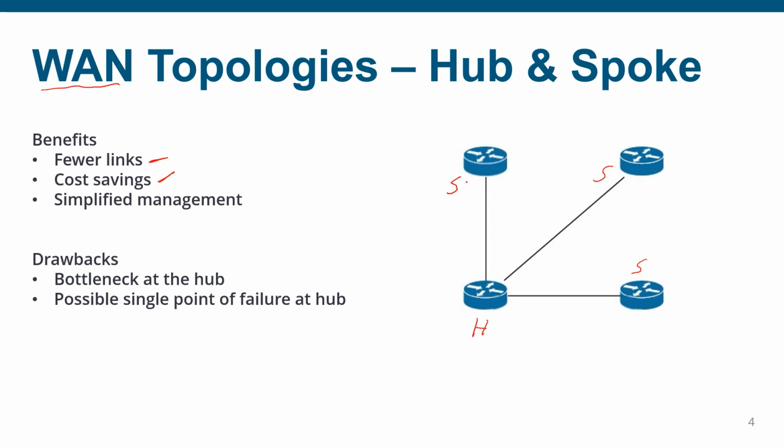Remember that these links here between our hub and our spoke, this is actually a WAN link. This might be several kilometers, several miles, or it could even just be a few hundred feet down the road. But likely, you as an enterprise or as a business don't directly own this link. You probably are leasing it from some service provider.